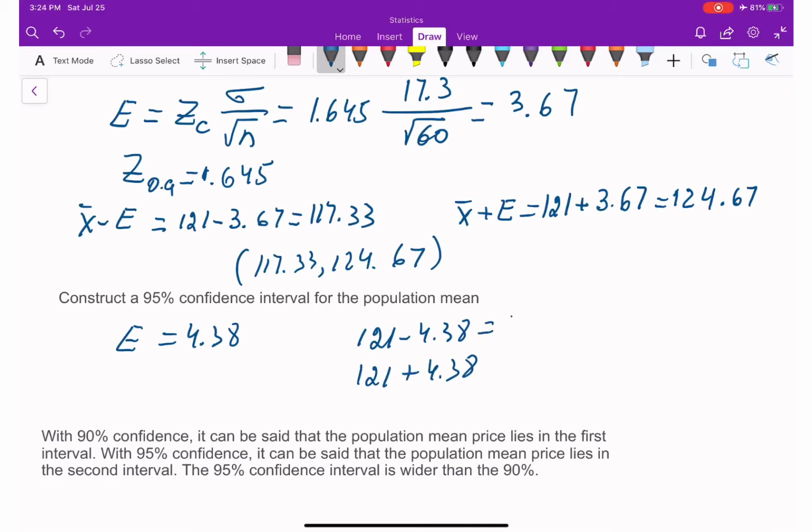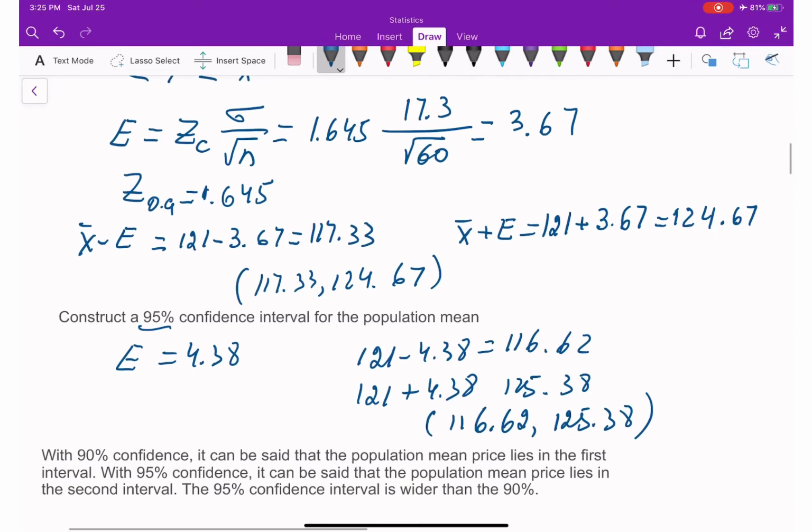And you'll get here 116.62 and 125.38. Okay, since might as well I'll finish. 116.62 here, 125.38 here. Okay, so the only difference here, you put 95%. You find 95% instead of 90%. And it should be 1.96, I think. So plug the data, calculate, and you will get it. Okay.